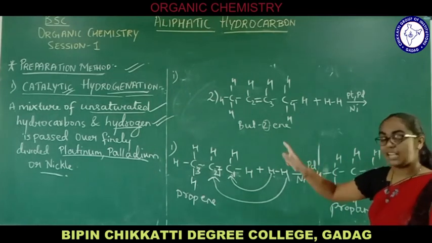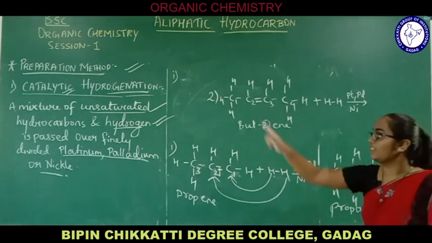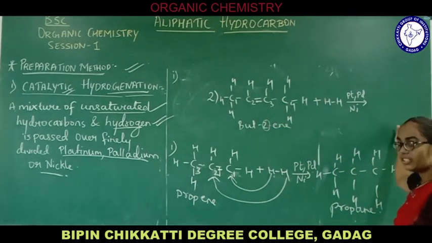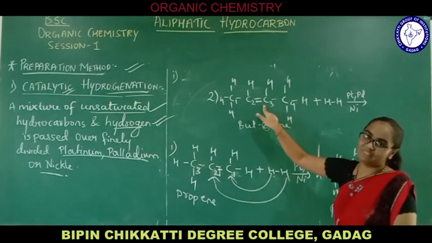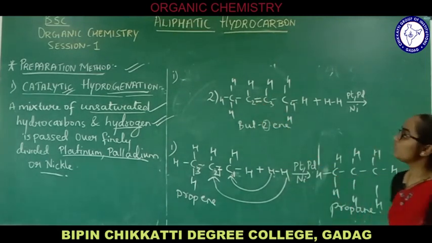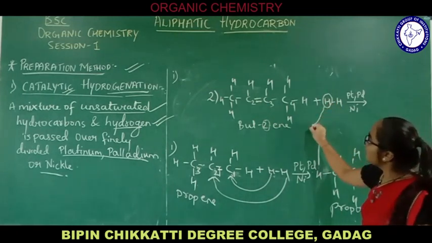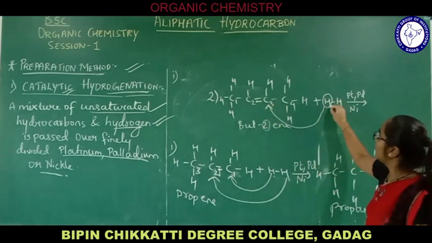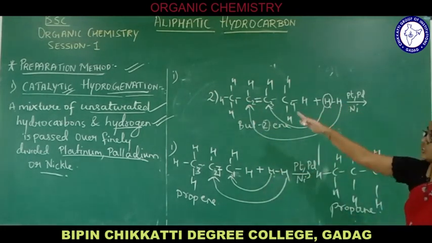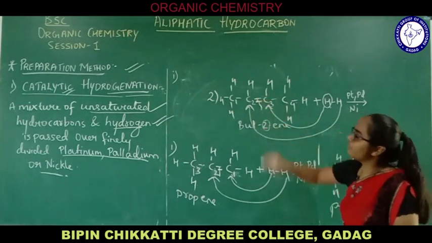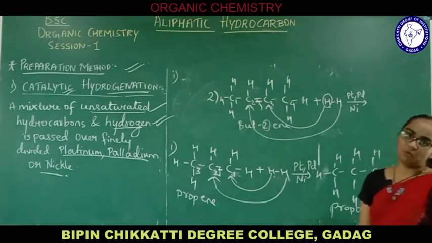The alkene has to get converted into alkane, meaning unsaturated hydrocarbon has to get converted into saturated, and it will happen at the double bond between carbon number 2 and 3. The two hydrogens approach the individual carbon atoms in this manner, and once they have approached, the bond gets broken and converted into a single bond.